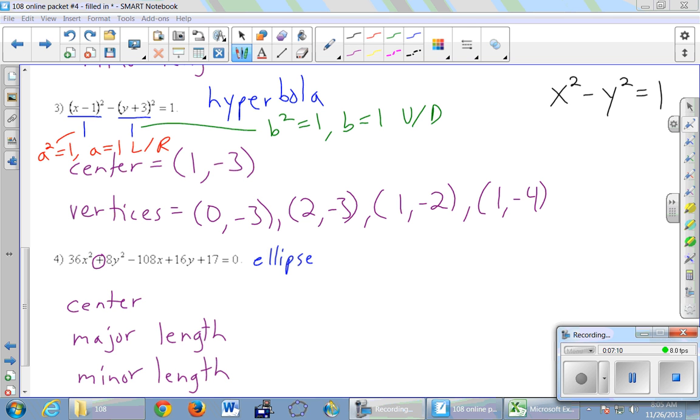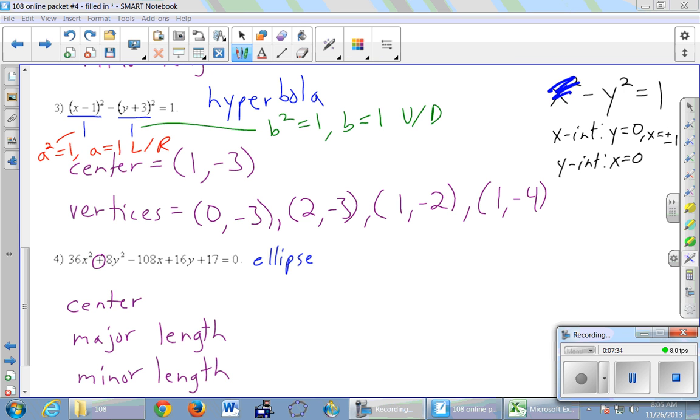Then if you wanted to find the x-intercepts, what you do is let y equal 0. And so if we temporarily let y equal 0, then this term drops out and you get x squared is 1. And so x is plus or minus 1.